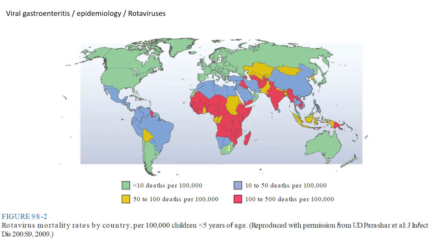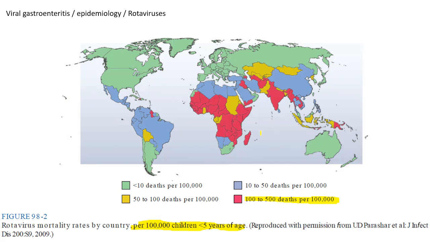If you look at this graph here, the red gives 100 to 500 deaths per 100,000 children under 5 years of age, but we said that virtually all children will be infected with rotavirus.